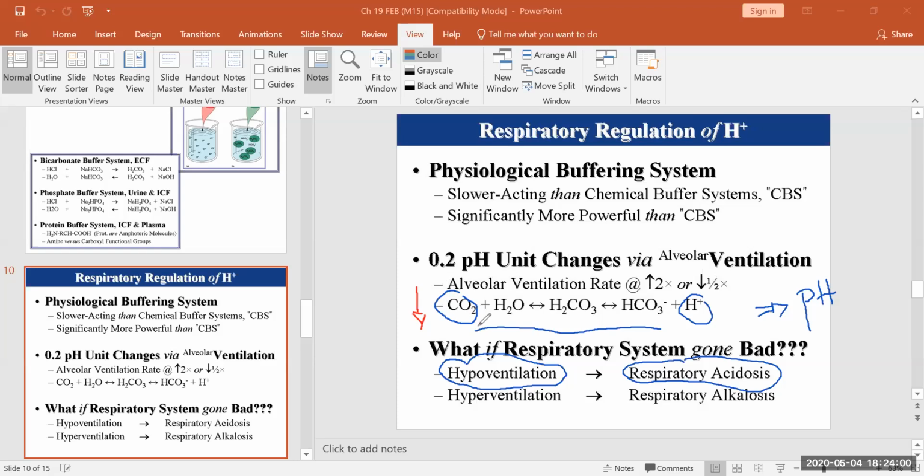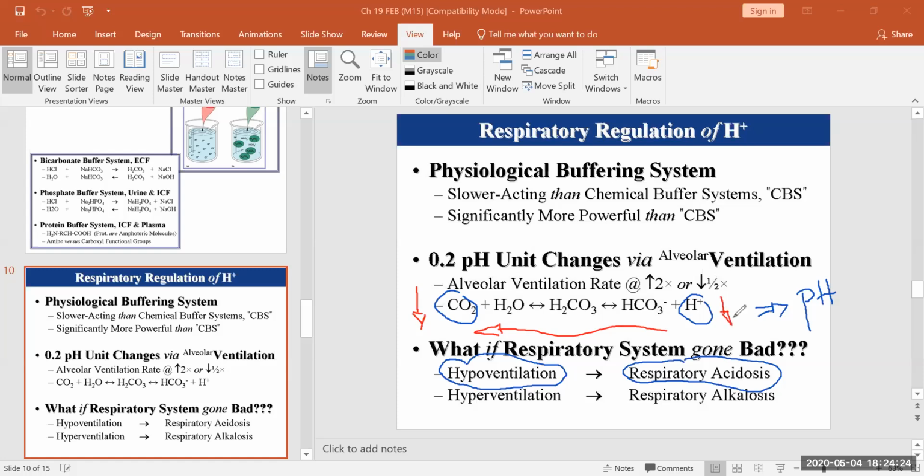If you decrease CO2, the equilibrium will try to bring it back. So it's going to be pushed in this direction to bring it back up. So if that's the case, then protons will also drop.